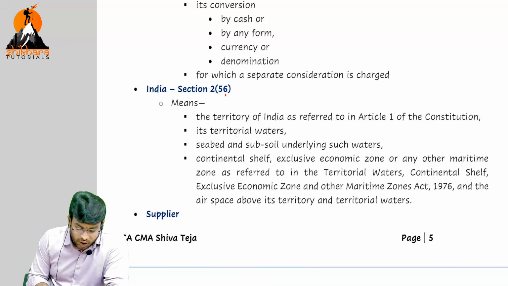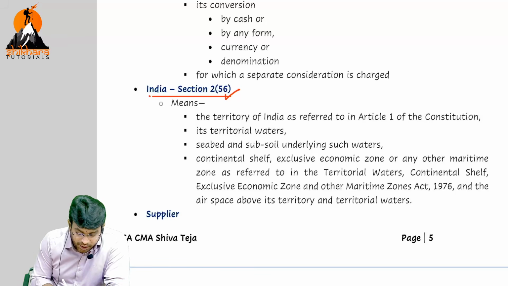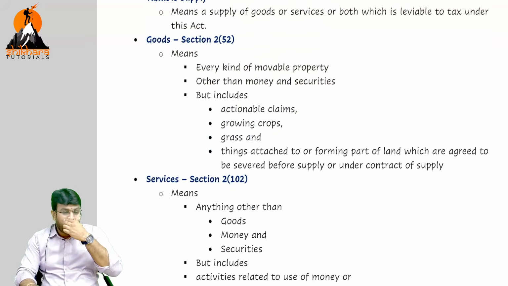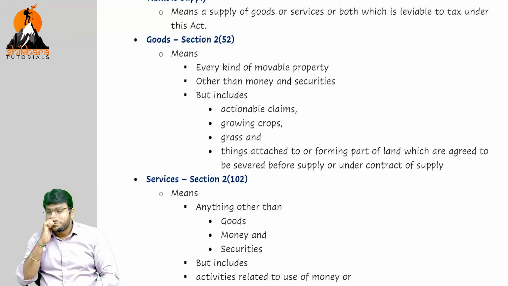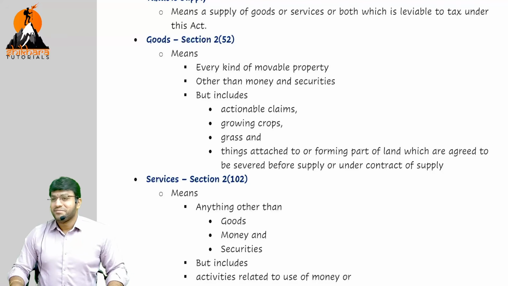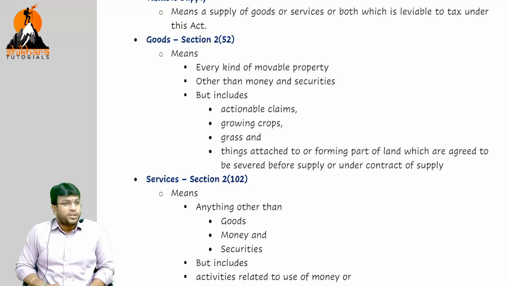They have an interesting section called 2(56), which defines what? What is India? India is a land of feelings and emotions. India is a country where Narendra Modi exists.